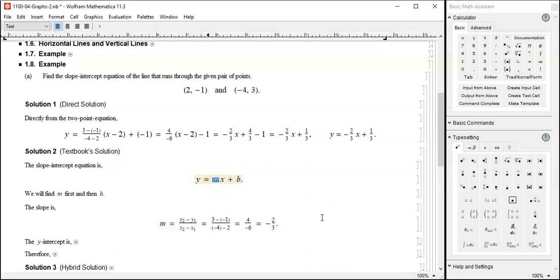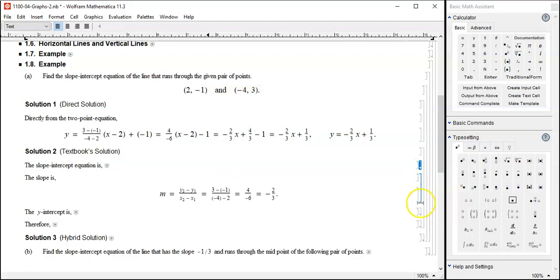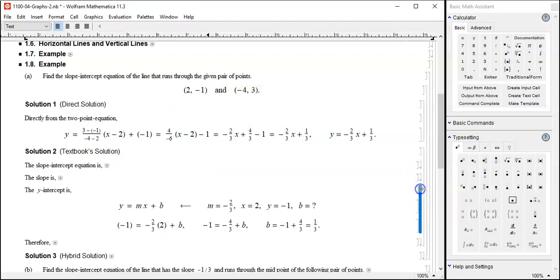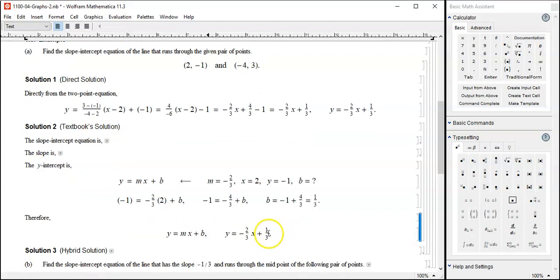And then as for x value, I can plug in either (2, -1) or (-4, 3). I just decided to put the first point in. And there, m is -2/3, x is 2, y is -1, and then solve for b. Plug in those numbers, and this is an equation of b. Solve it, and that's what we get. Therefore, we have this answer.